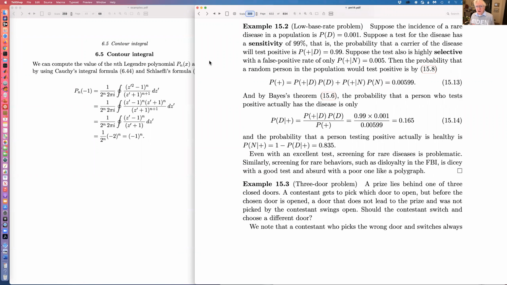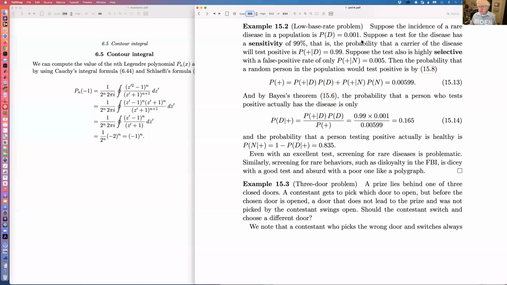So another example, and this is particularly relevant now to the COVID epidemic, and it's called the low base rate problem, and it's a standard problem in medicine. Suppose we have an incidence of a rare disease, and it's that only 1 in 1,000 people has the disease.